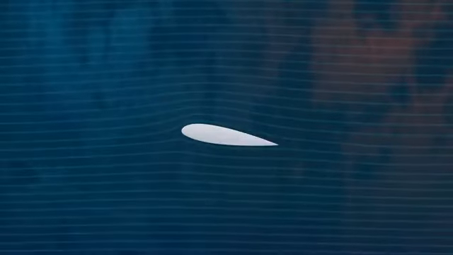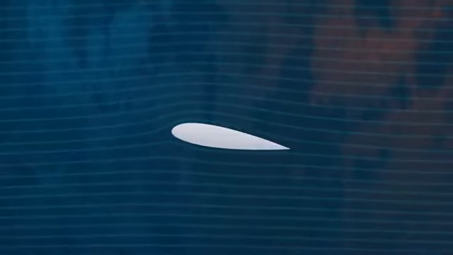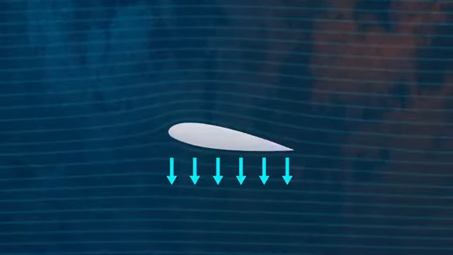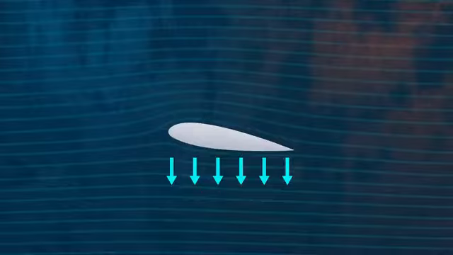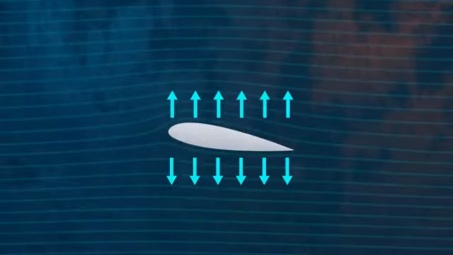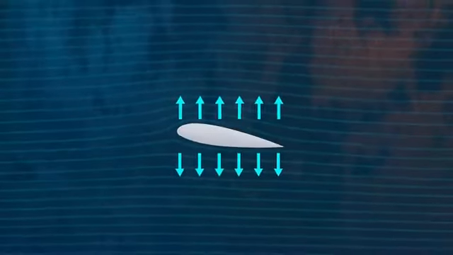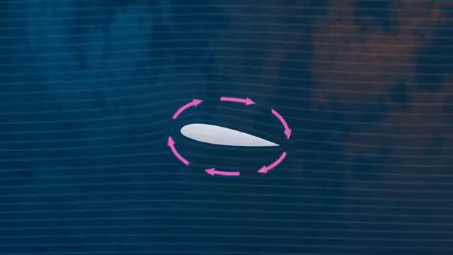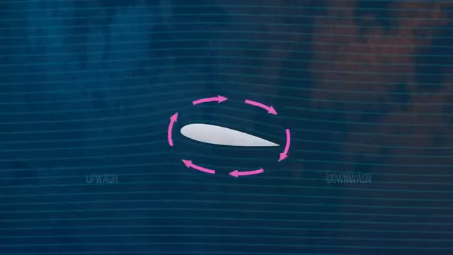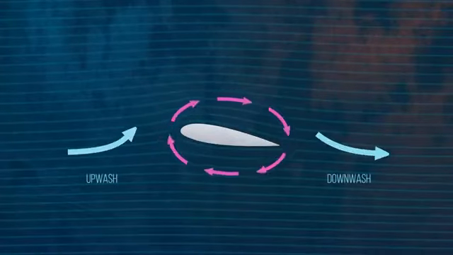The airfoil must be imparting a force on the air to create the downwash, and so based on Newton's third law, there must be a corresponding reaction force acting on the airfoil. In other words, an airfoil generates lift by turning the incoming air downwards. We can use the concept of circulation again, this time to explain how the upwash and downwash are created.